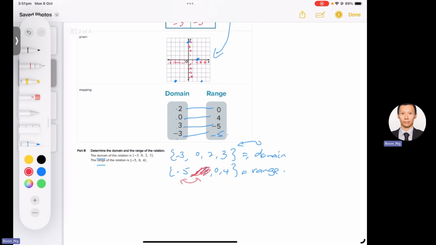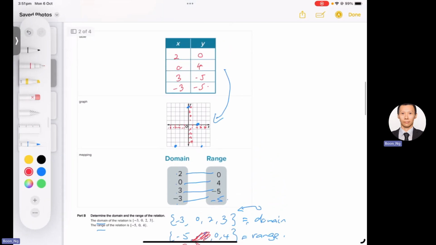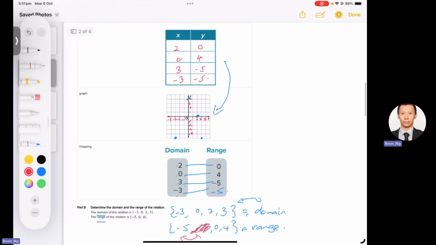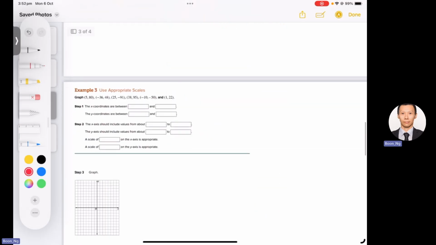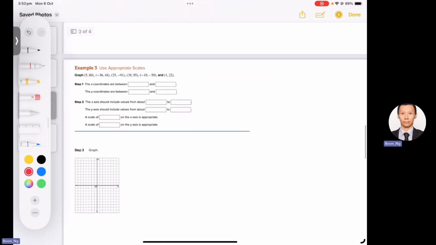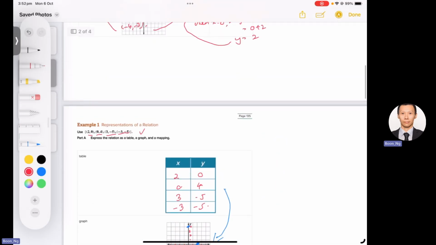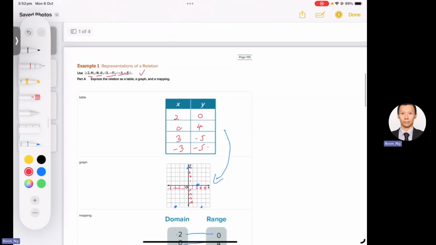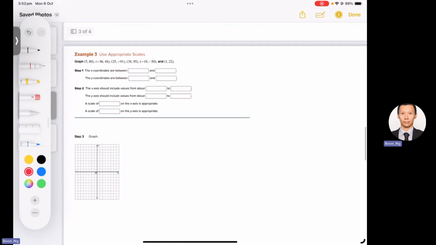Now that is basically how you interchange in between. Okay, the next one, example 3. Now we also have one coordinate 2, 3, 4, 5, and 6.